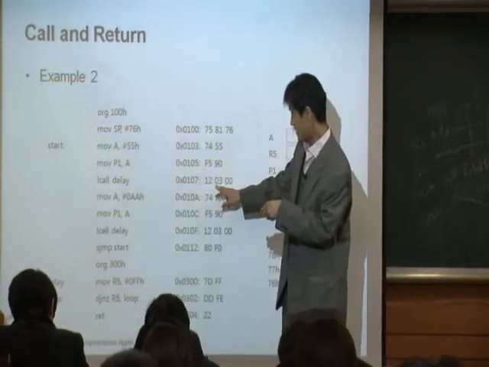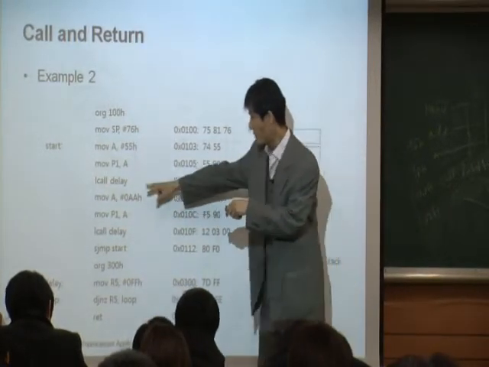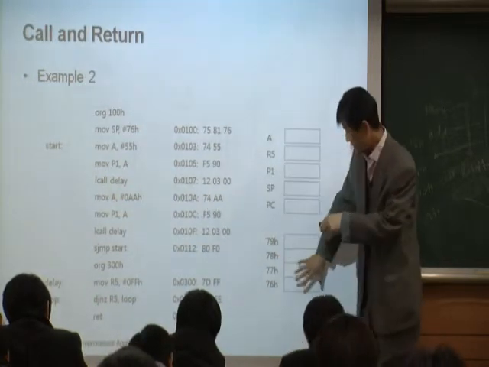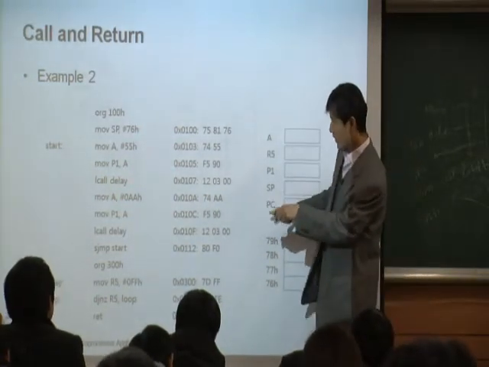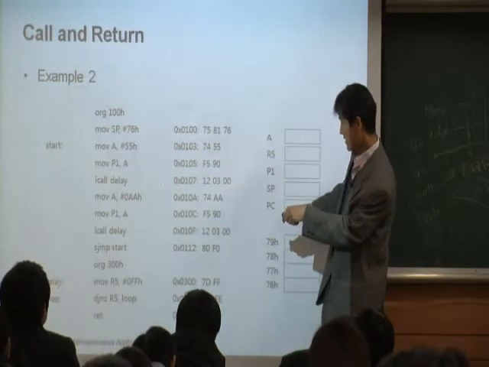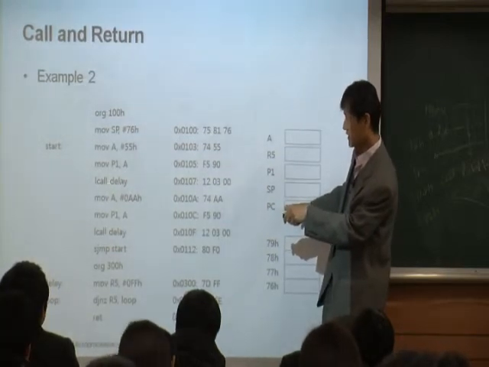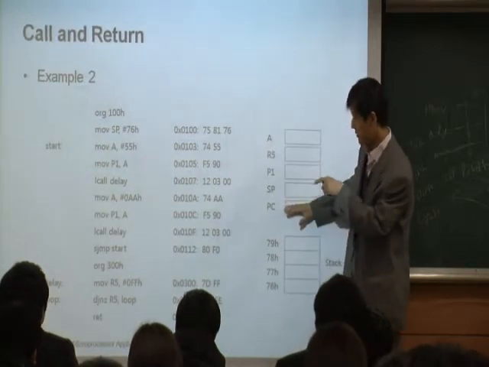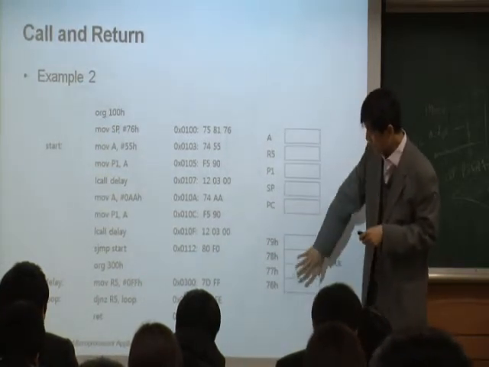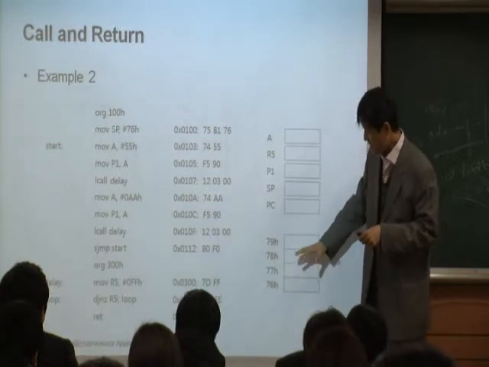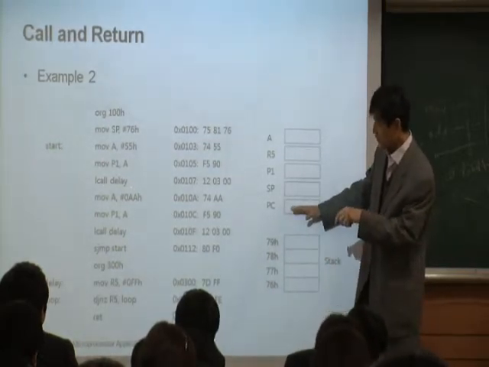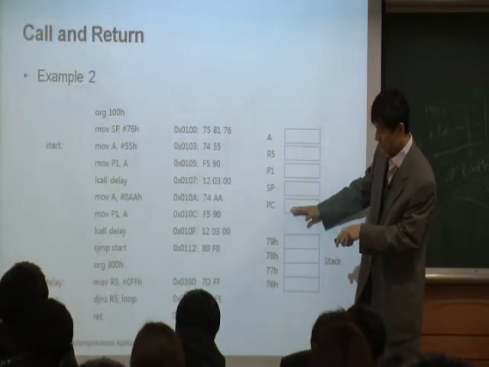Let's say here, we were here, and when you execute this one, the 10A was here in the program counter when you execute this, right? And hardware, since this is a call instruction, hardware basically copies this 10A into these 2 bytes, and stack pointer is now incremented to 78, and suddenly you jump to delay, which is this one.